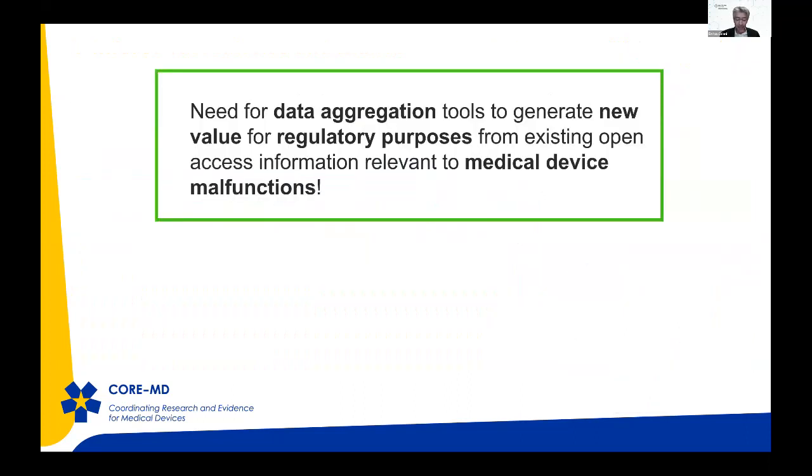These two scenarios, expert panels and post-market proactive surveillance, are just examples in which there is a potential need for a data aggregation tool to generate new values for regulatory purposes from already existing open access information relevant to medical device malfunctions.